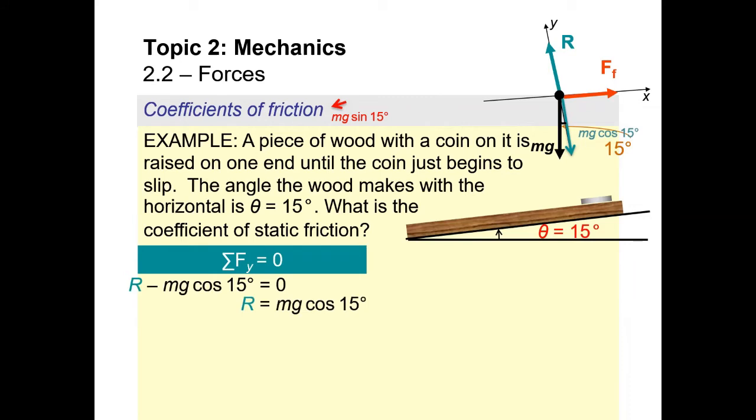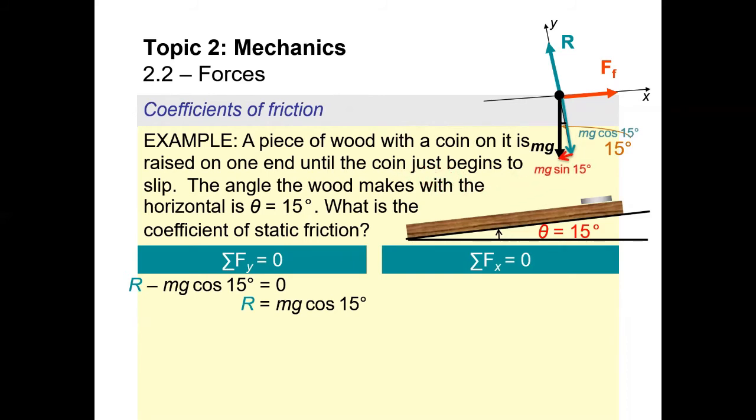R equals mg cos 15 degrees. As the coin is about to slide, the resultant force in the x component equals 0. The weight's x component is opposite, so it's mg sin 15 degrees. Friction minus mg sin 15 degrees equals 0. Friction force equals mg sin 15 degrees.